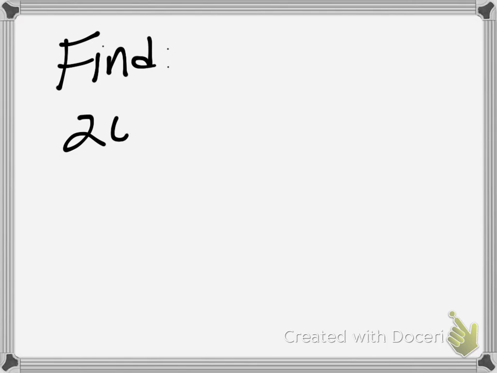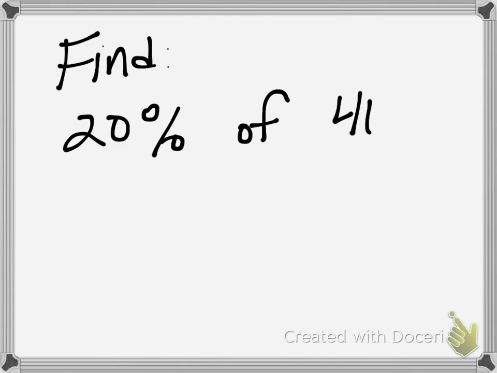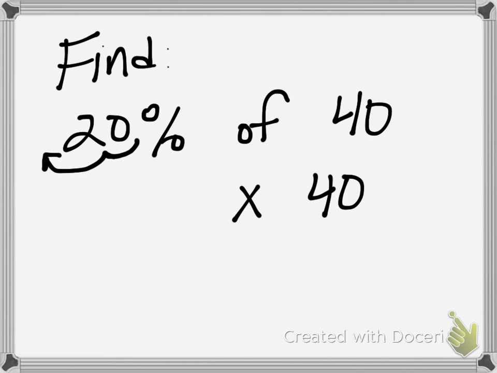So when we have a problem that says something like, find 20% of 40, remember, this "of" is like multiplication of 40. I'm going to take that 20% and I'm going to turn that into a decimal by moving that decimal point 2 spots to the left.